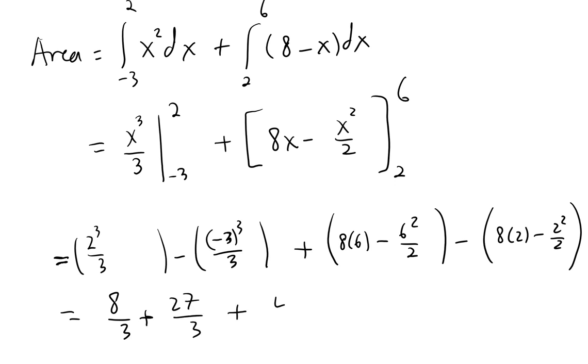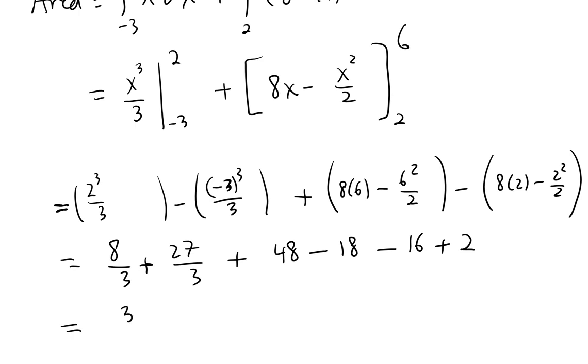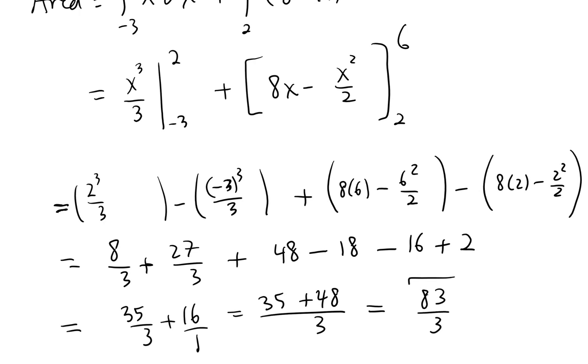Plus 48 minus 36 over 2, which is 18, so 30, minus 16 plus 4 over 2, which is 2, so 14. So it becomes 35 over 3 plus 14, and if you combine the two fractions, 35 plus 42 over 3, that's the area under the curve.